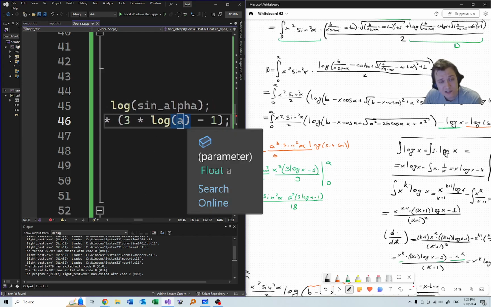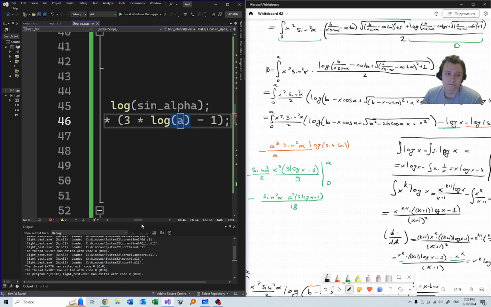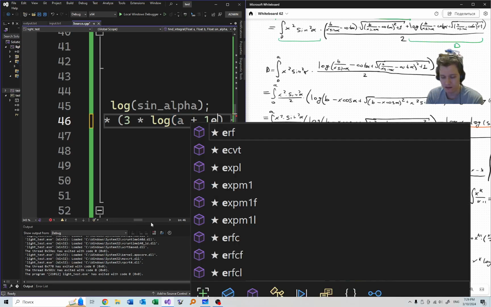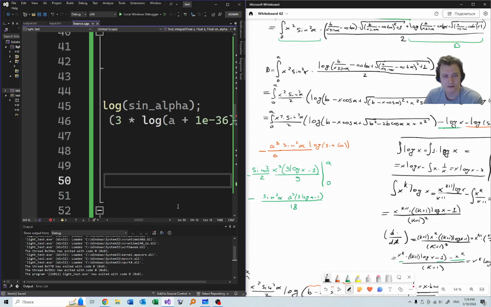Actually, just in case a is exactly 0, let's add something like this.